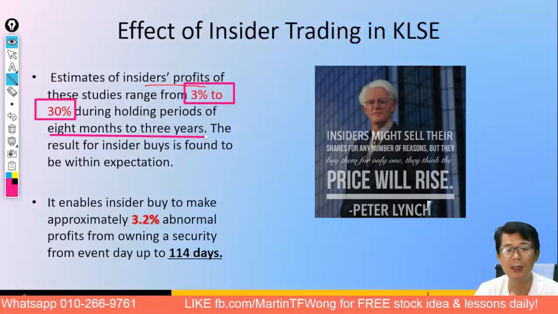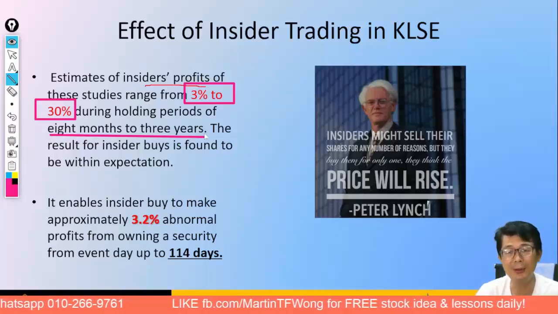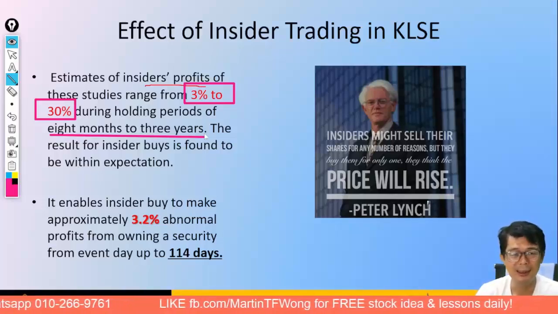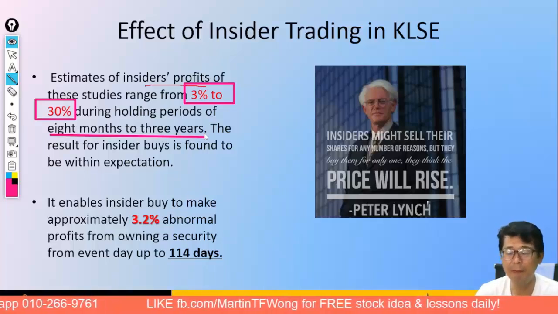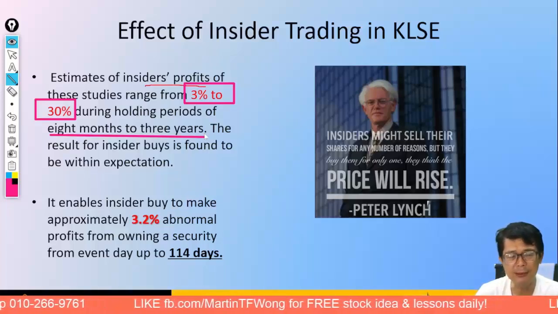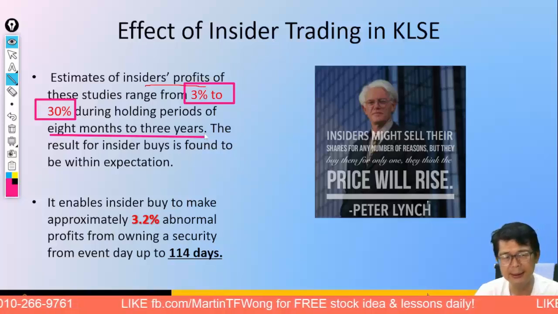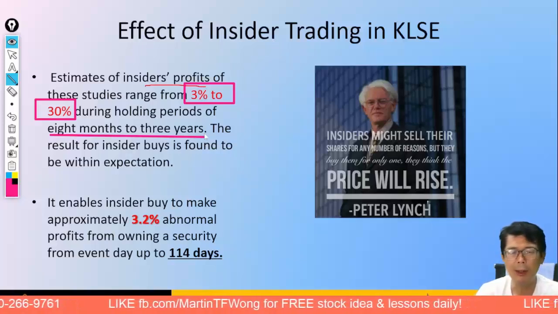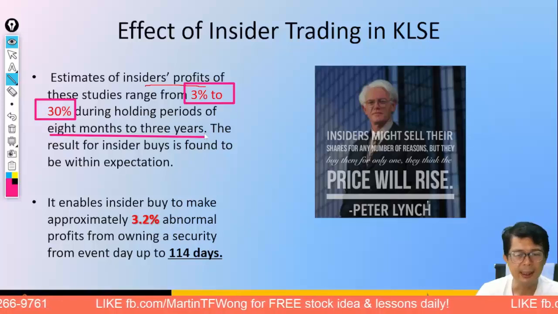Now you have to ask yourself whether you are willing to wait 8 months to 3 years for that kind of result. Generally, if we think the market is going to go up, insiders will buy a bit earlier. We want to wait 1 to 2 months at the most, and that's about it.